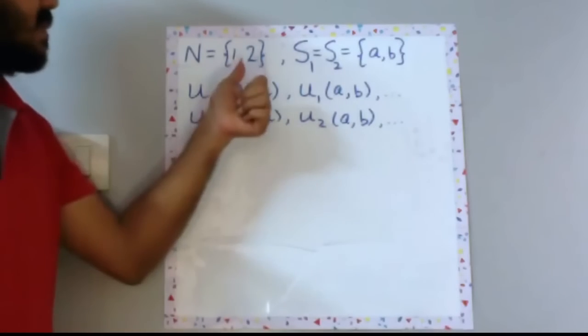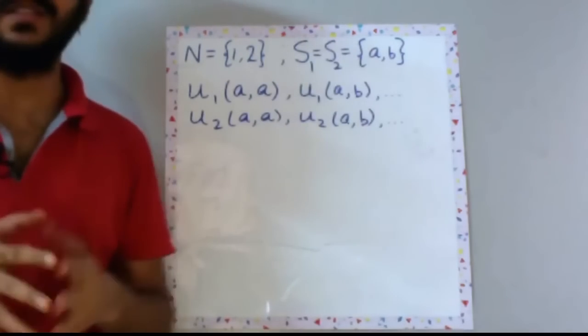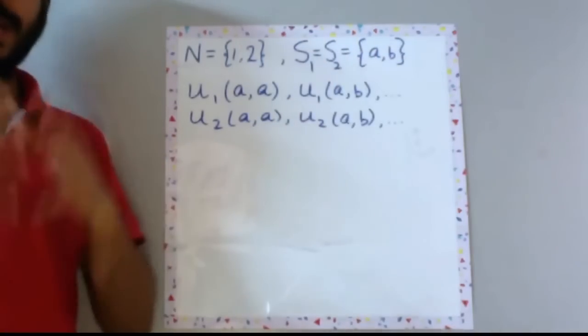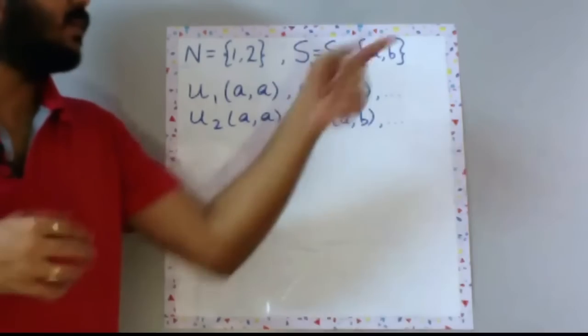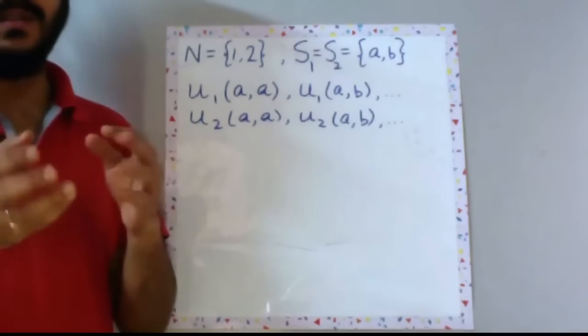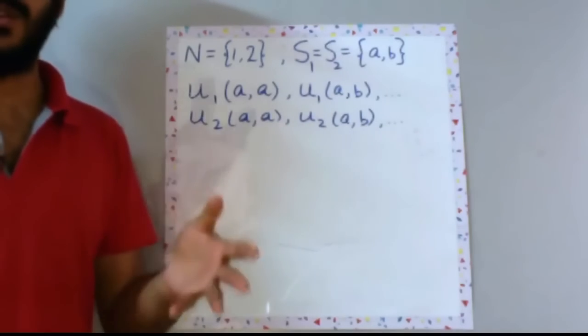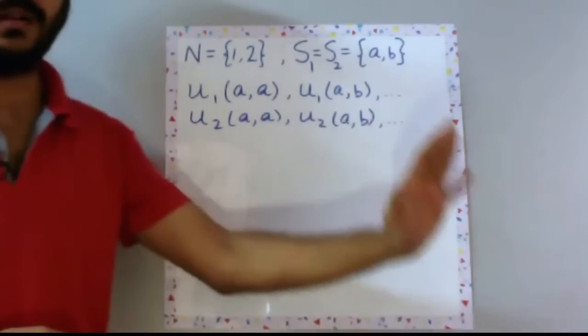You have two players, 1 and 2, and both of them have the same strategy set S1, S2, which is A, B. So utility for any possible combination over A, B, which is AA, AB, BA, BB, is easily calculable if you have a payoff matrix or if I just give you these values. So this is pretty standard.